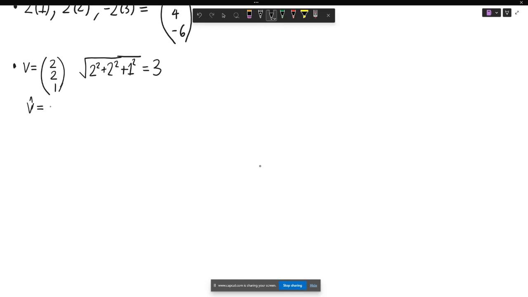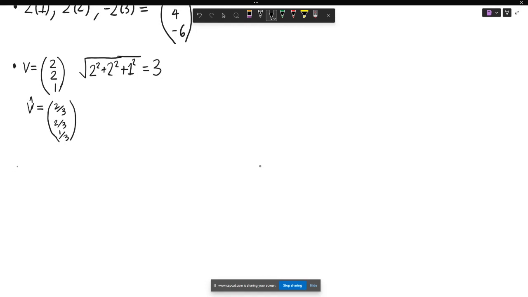So we divide every axis on this vector by 3 to get a unit vector: 2 third, 2 third, 1 third. All right, everyone happy with this unit vector now? Cool. Let's now move on to the last step.